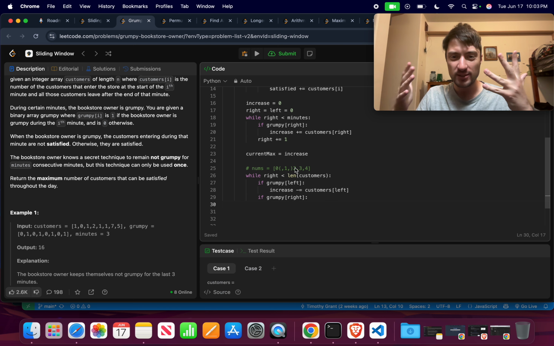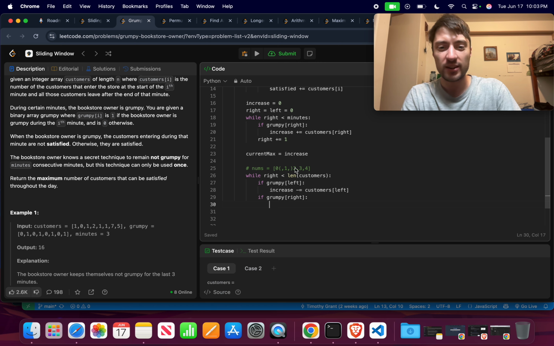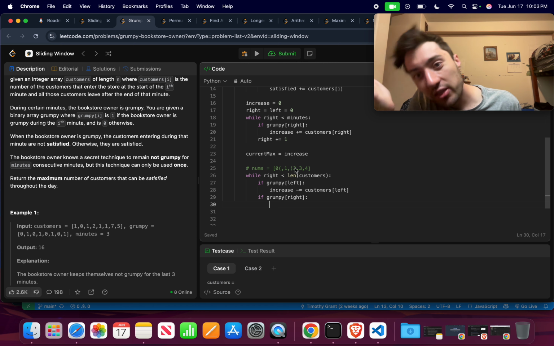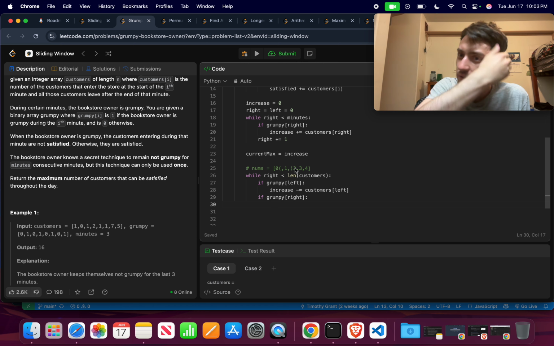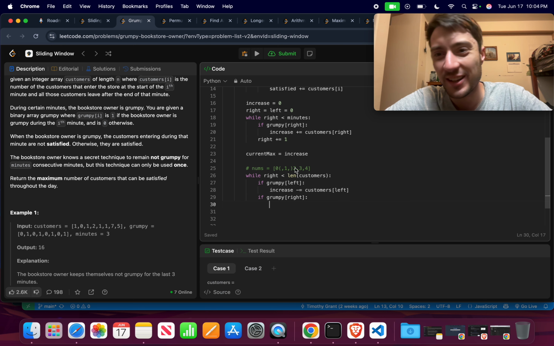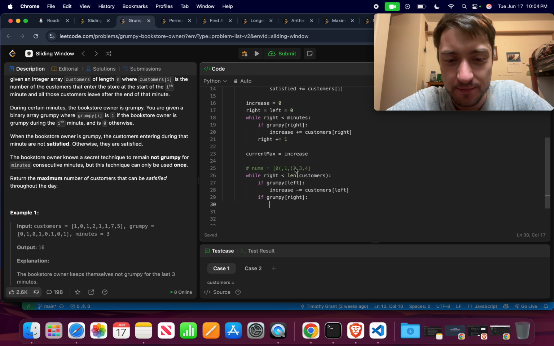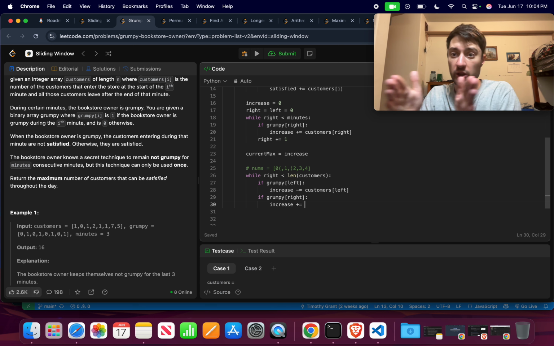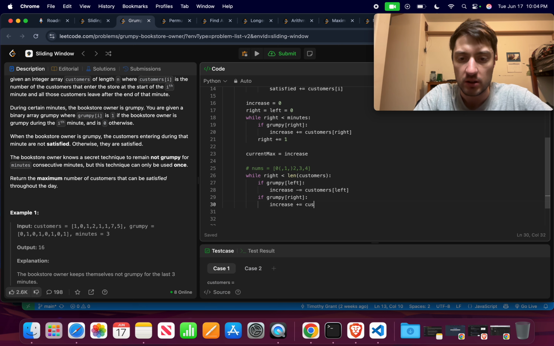When you write it out, it's so obvious. I love it. Okay, and then watch me get it wrong. I think I'm on the right direction, but anyways. Hopefully now that I said that, I don't get it wrong, but if grumpy of right, then what do I do? Increase, and I want to add to my rolling window, customers of right, okay?